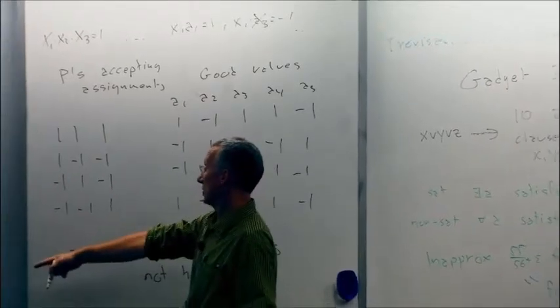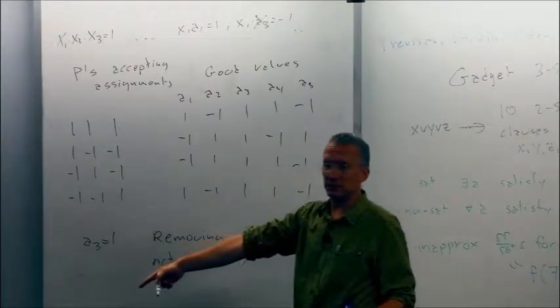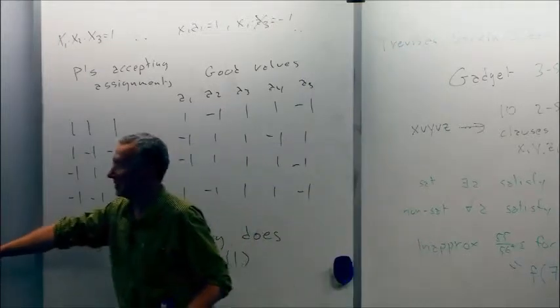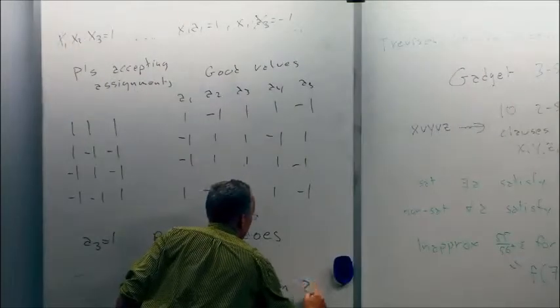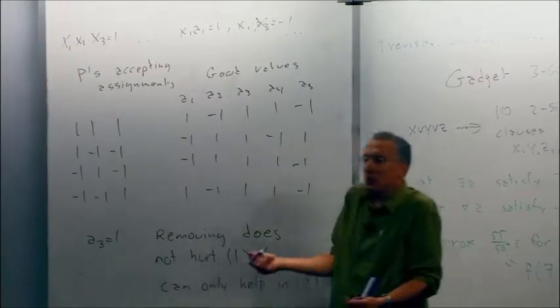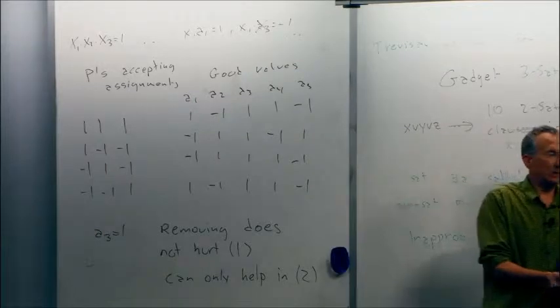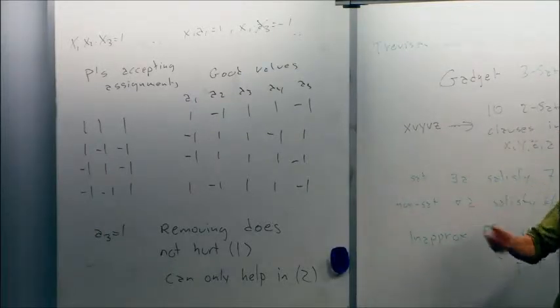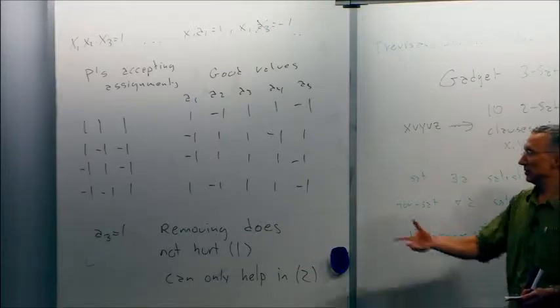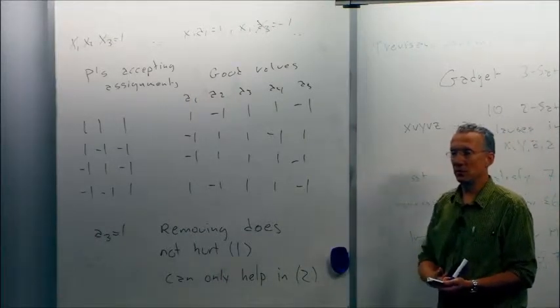It doesn't hurt condition 1, right? Because we still have the same optimum if we fix it, because that's what we wanted of A3 anyhow. And the point is it can only help in 2 because we give less freedom in these cases. There are fewer possibilities for the auxiliary variables, so we can only get better soundness in the reduction.